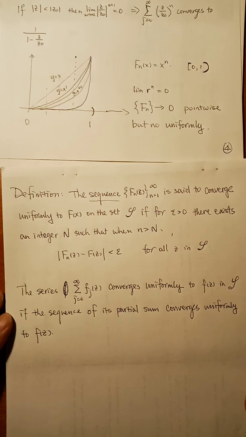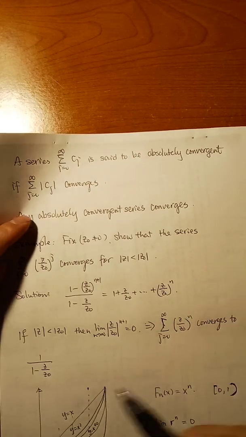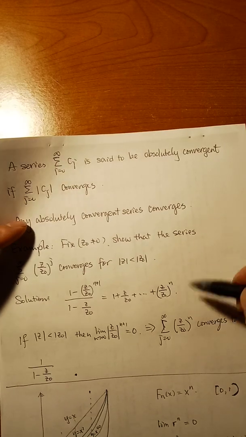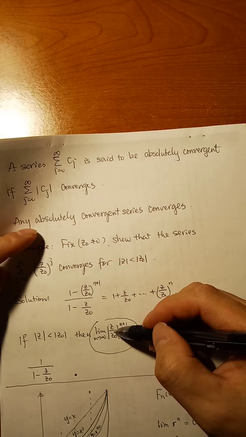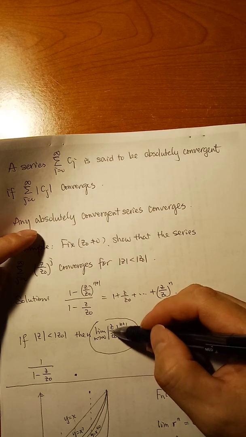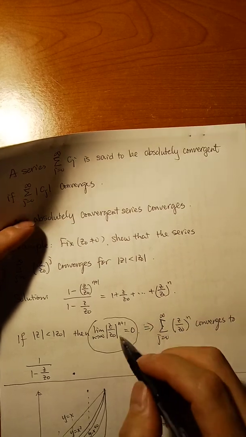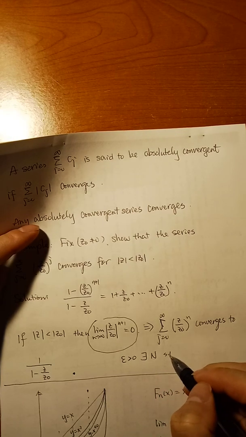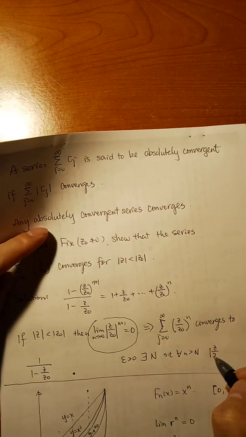Let's check here. In the previous computation, the reason we discussed this example is the following. Remember here we have the limit of the absolute value of z over z0 to the n plus 1 power is equal to 0. So for epsilon greater than 0, there exists capital N such that for n greater than capital N, the absolute value is less than epsilon.